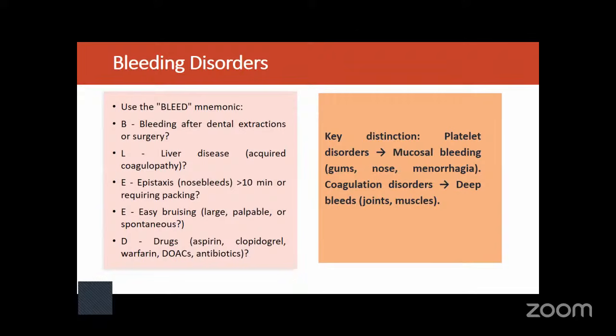So you want to have a very clear assessment of that situation in female patients. In coagulation disorders, you can have deep bleeds, such as hemarthrosis and bleeding in the muscles, especially in patients who have hemophilia. At this point, you want to ask the patient if they have a family history or if they've been treated for this previously.